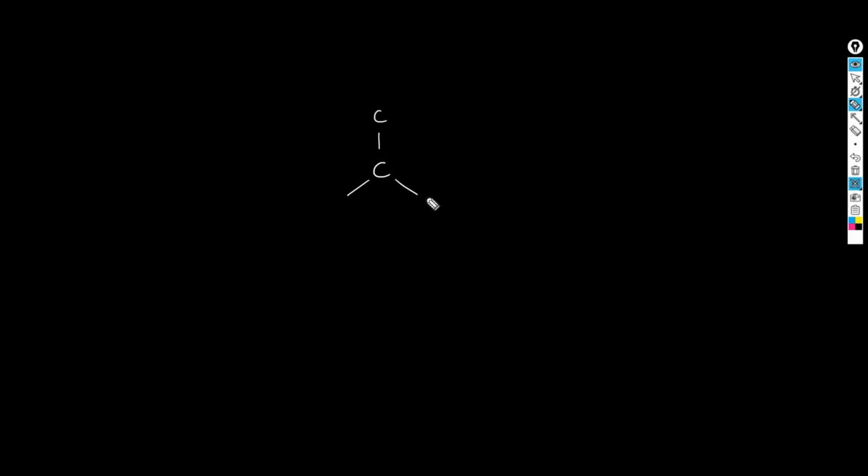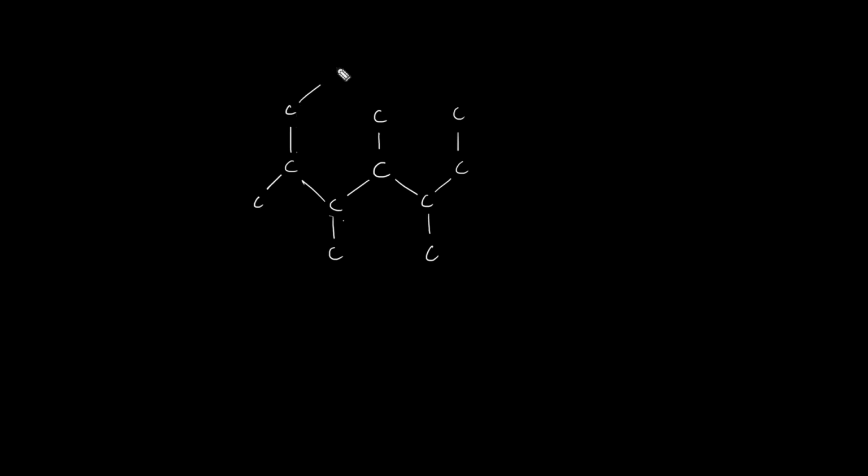Those 3 bonds go to other carbon atoms that themselves have 3 bonds, and so on and so forth. So graphite is just a sequence of carbon atoms with 3 bonds each, and so they form these trigonal planar shapes.